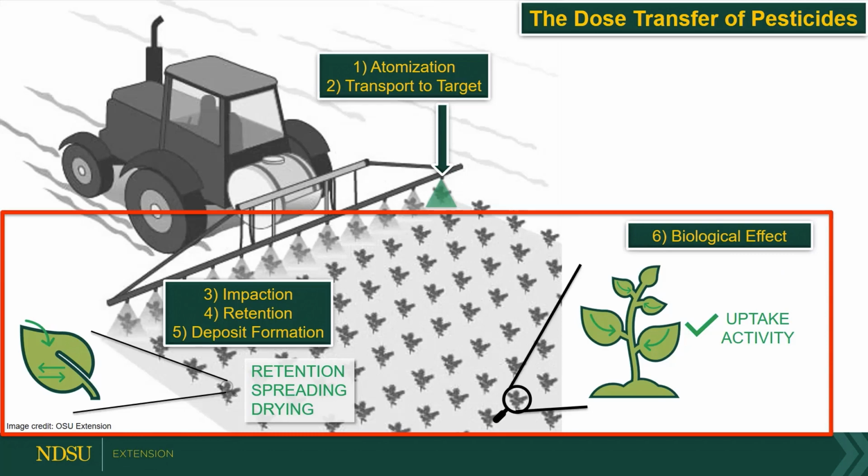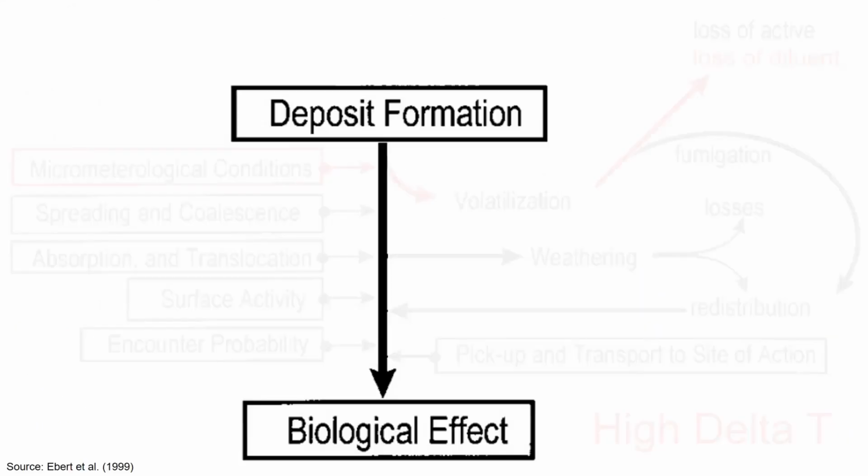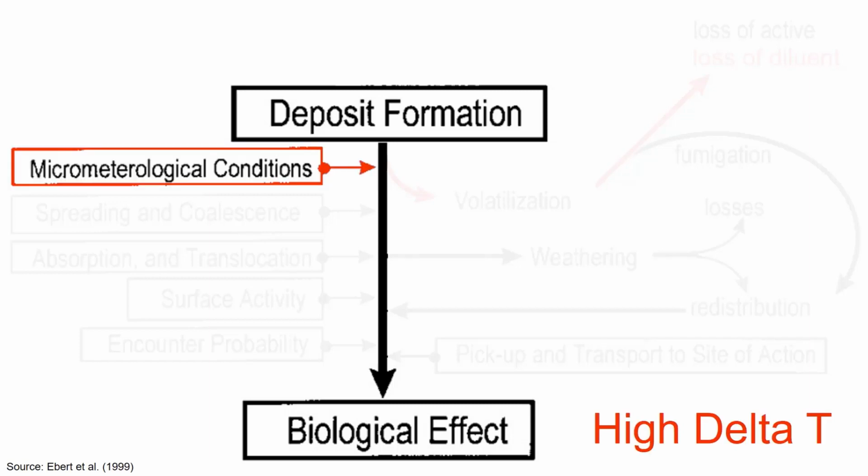But that's not the complete story, because delta T also impacts this transfer of pesticides later on in the process. So delta T also impacts the time between when that deposit forms on the leaf and the herbicide has enough time to cause a biological effect in the plant. So evaporation is one of the micrometeorological conditions that affects this.